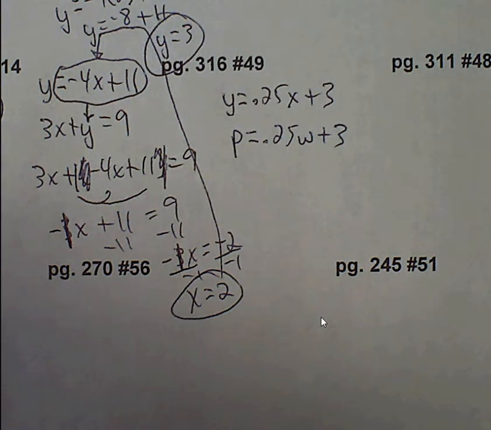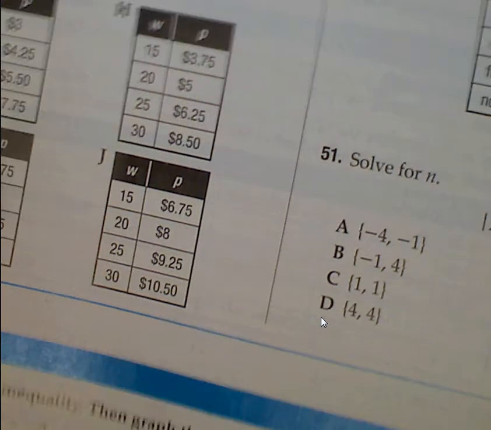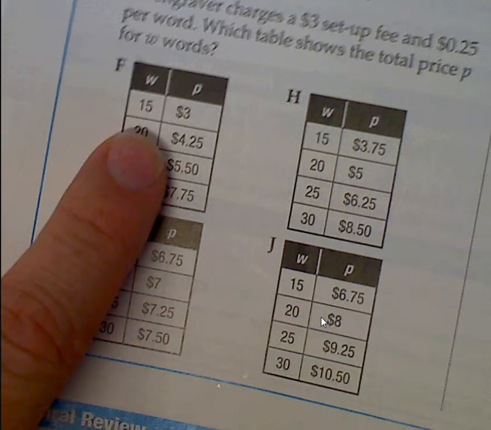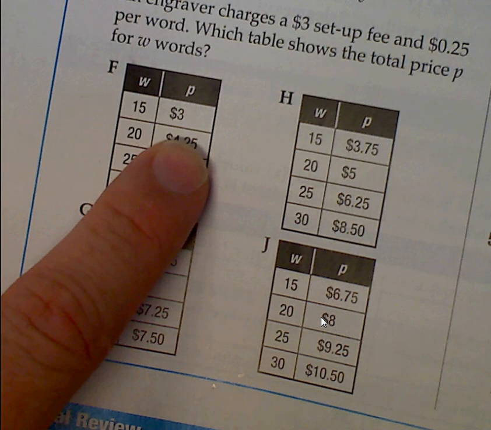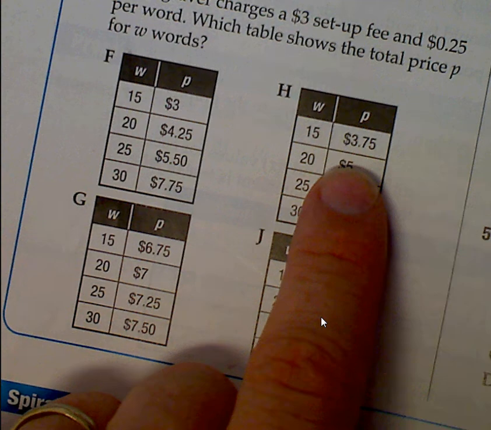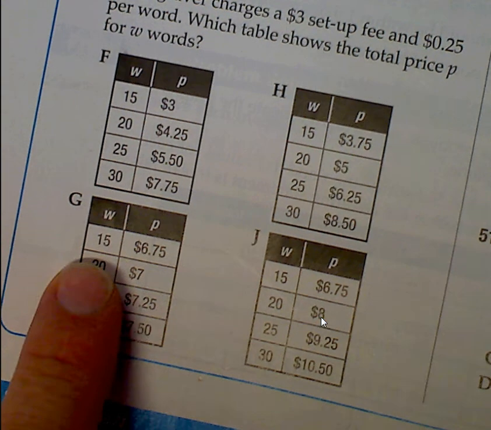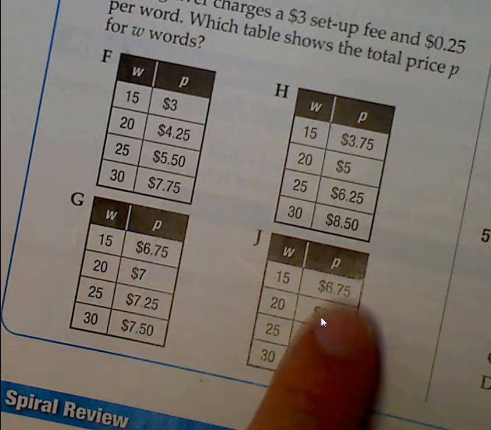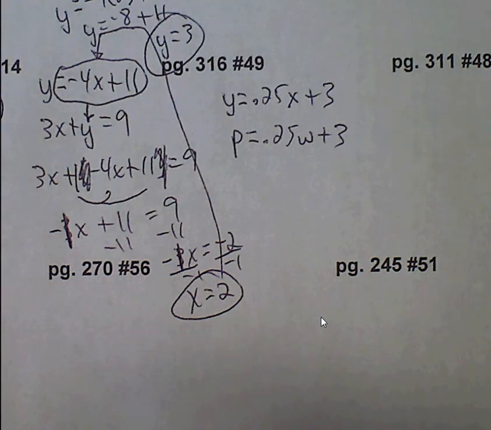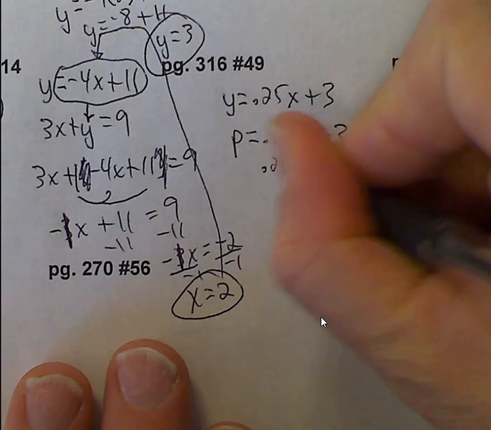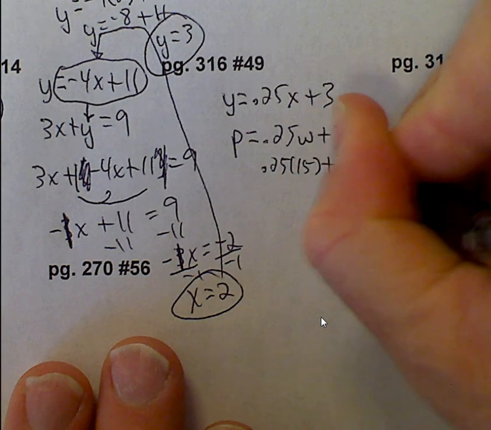So if they say 15 words, for this one, if I plug in 15, this one says I should get 3. If I plug in 15, I should get 3.75. If I plug in 15, I should get 6.75. This one is also 6.75. So let's see what happens if I plug in 15. 0.25 times 15 plus 3.